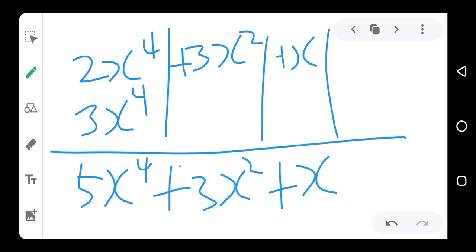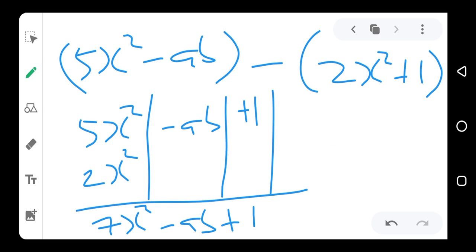So you must always put the term with its sign. So this is the answer, 7x raised to power 2 minus ab plus 1. So this is how to do addition and subtraction in polynomial.